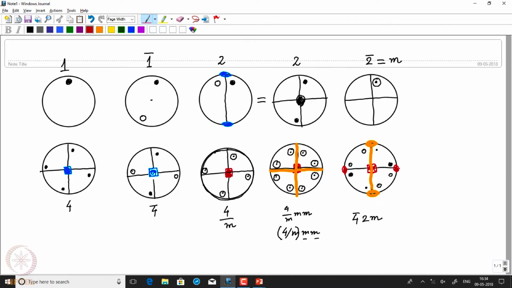What else has happened? It has generated a mirror plane bisecting these two twofold axes. Two such mirror planes have already been generated.